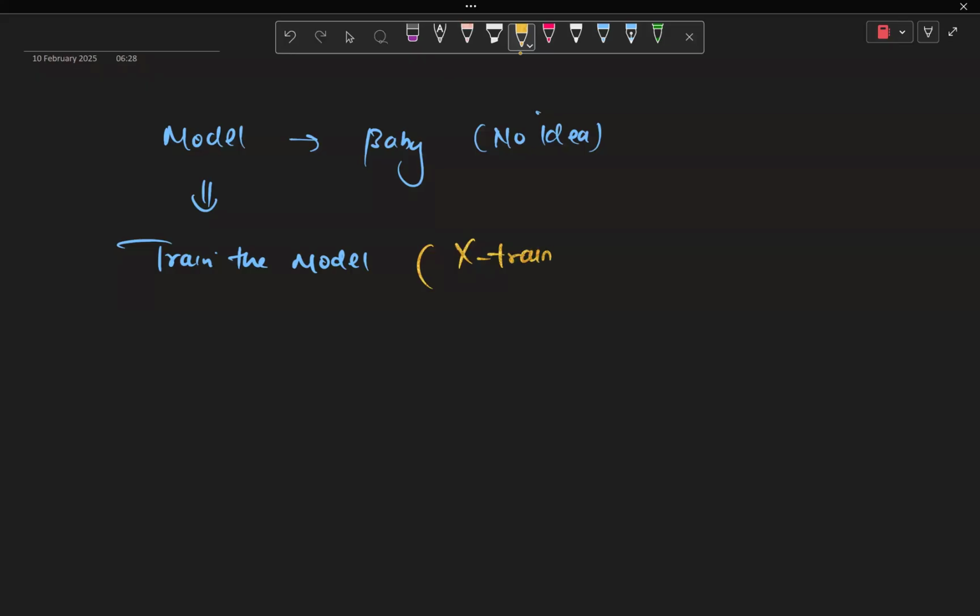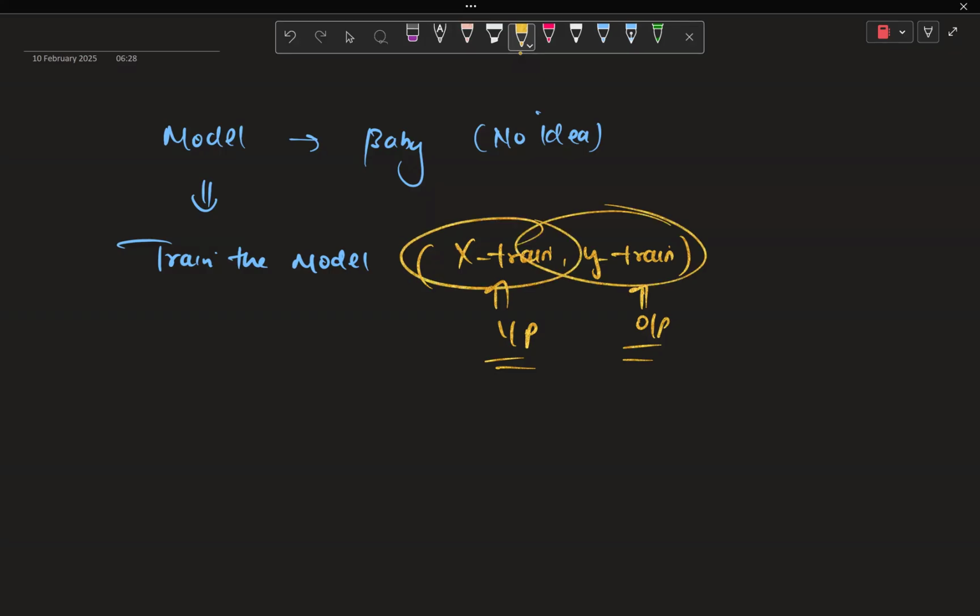What is training data? X train and Y train. You have to show the input as well as the output. These X train and Y train both are training data, right? Yes. So we will be using these two data for training purpose.